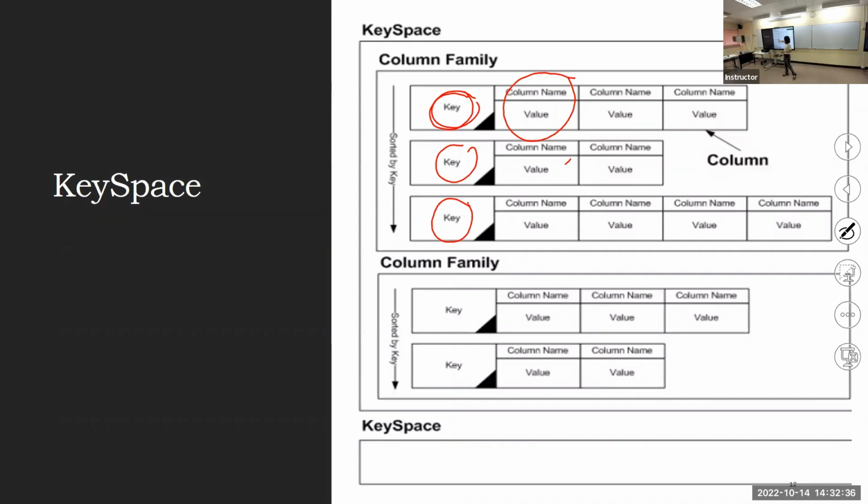And we could have another column family within the key space, and again, they would have a different structure of the columns and so on. And you could group them in the key space. I mean, these two column families belong to this key space. There could be another key space and so on.